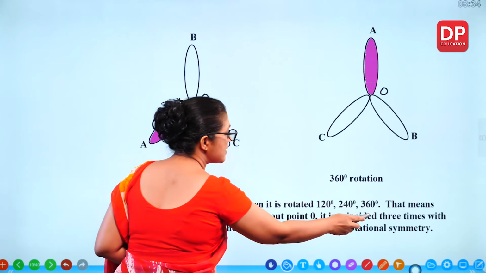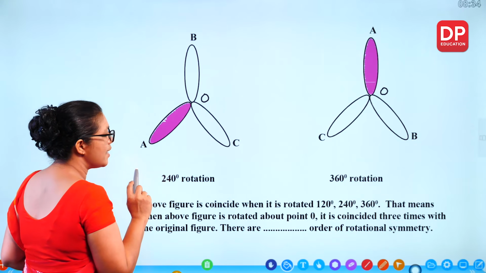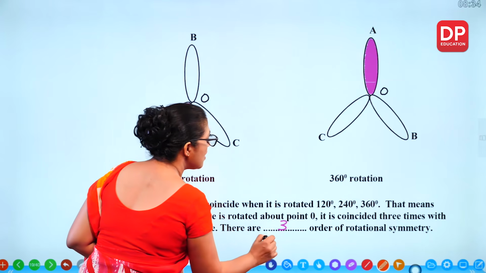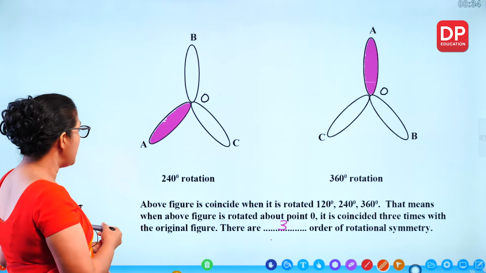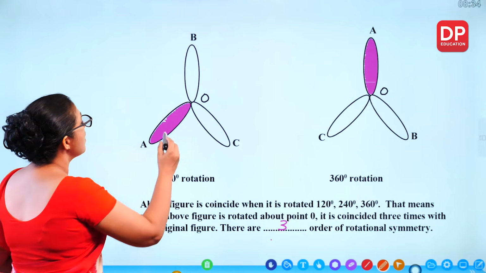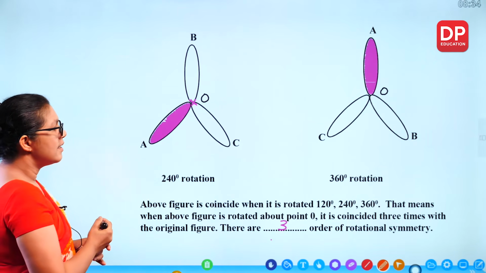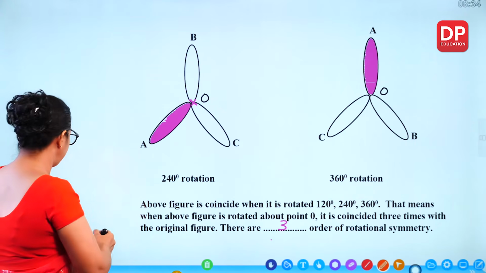So what's the order of rotational symmetry in this figure? We get 3. So 3 is the order of rotational symmetry, and we call this point O the center of rotational symmetry.